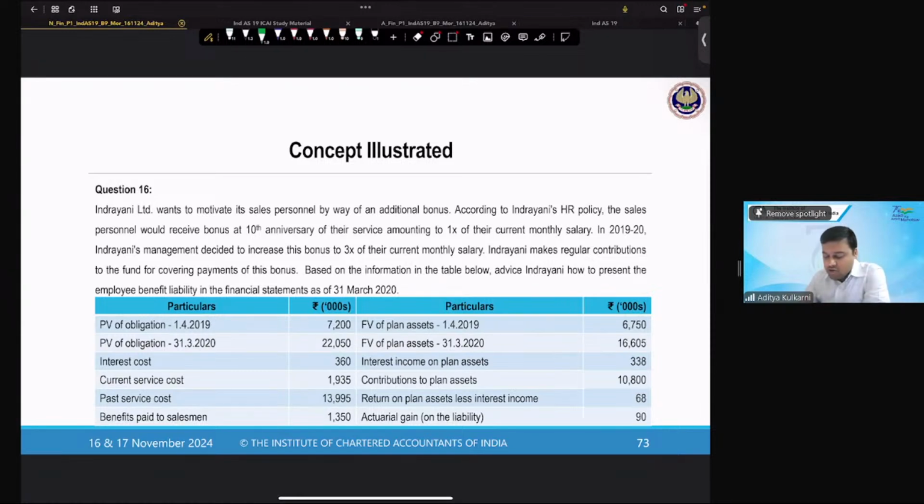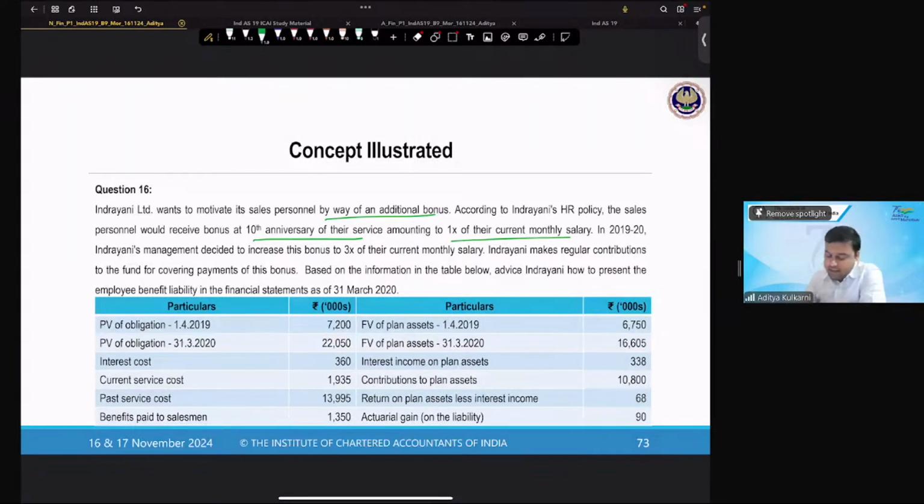Indrayani Limited wants to motivate its sales personnel by way of an additional bonus. According to the HR policy, the sales personnel would receive bonus at the 10th anniversary of their service amounting to 1 time of their current monthly salary. So they will give one month's salary for the 10th anniversary.